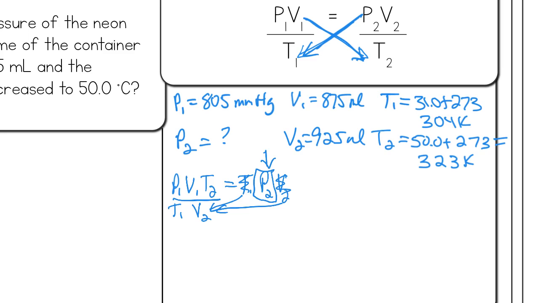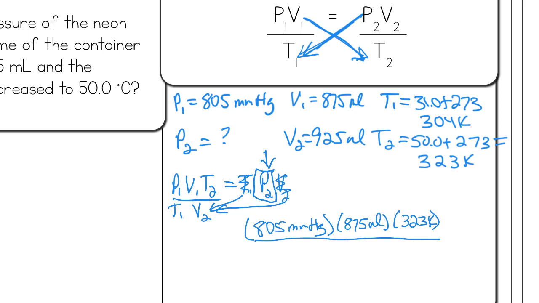So P1 is 805 millimeters of mercury times V1, 875 milliliters, times T2, which was 323 Kelvin. Now I'm ready for the bottom.